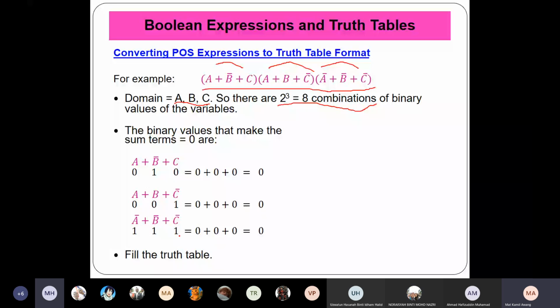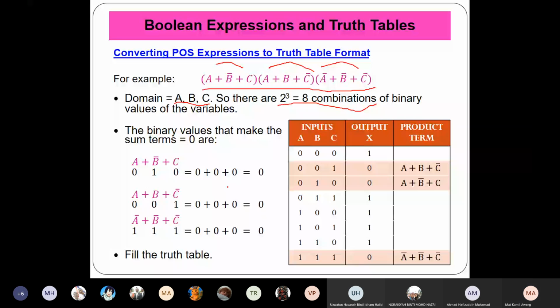From here, you fill out the truth table. The inputs are the same. The first term, A plus B plus C bar, is 0, 1, 0.